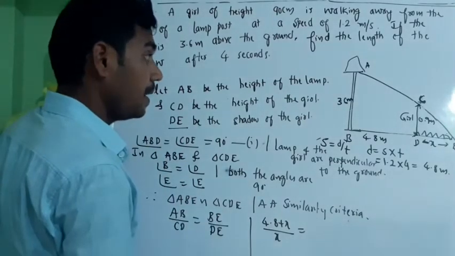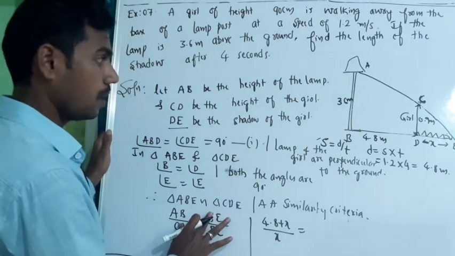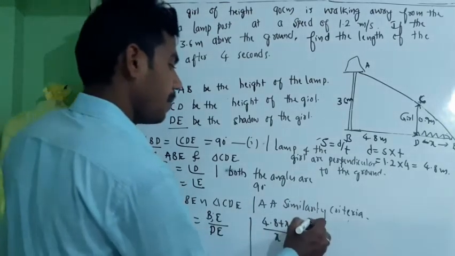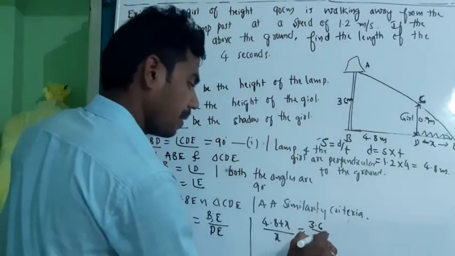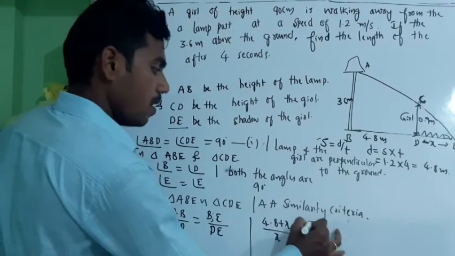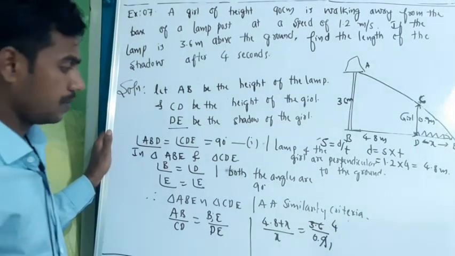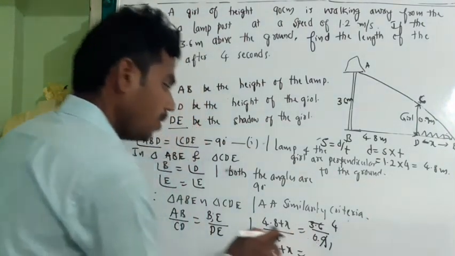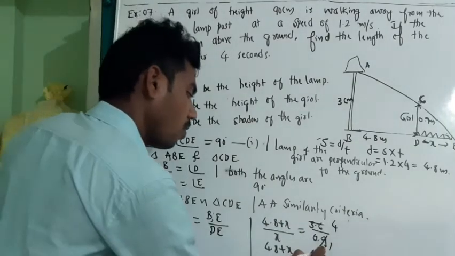What is AB? AB is 3.6. What is CD? 0.9. Now if I exclude the decimals, 9 ones are 9, 4 nines are 36. So 4.8 plus x, 1 into 4.8 is 4.8, 1 into x is nothing but x, cross multiplication gives 4x.